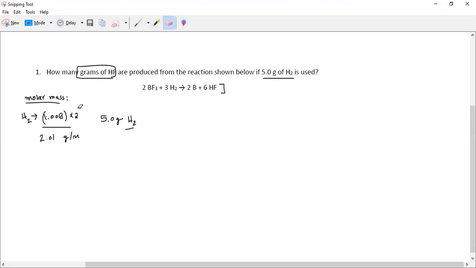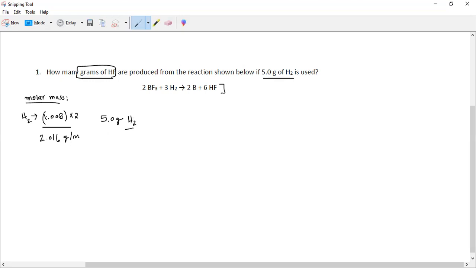So if you weighed out 2.016 grams, you would have 1 mole of hydrogen gas.